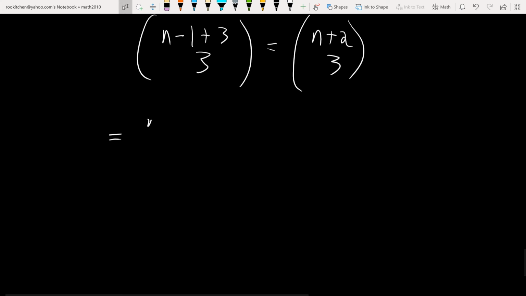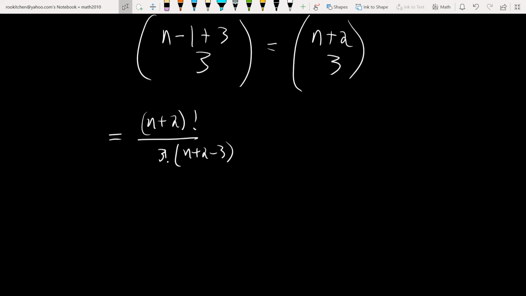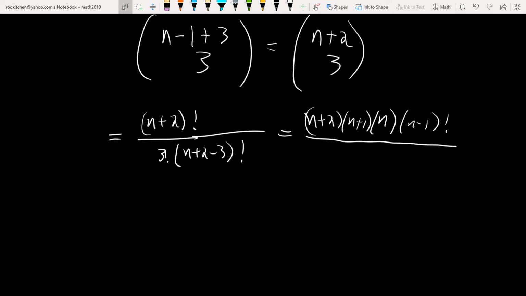And then you could use your definition for nCr. So this is n plus 2 factorial all over 3 factorial times n plus 2 minus 3 factorial. That'll equal n plus 2 times n plus 1 times n times n minus 1 factorial, just using the recursive definition to expand that, divided by 3 factorial times n plus 2 minus 3, which is n minus 1 factorial.